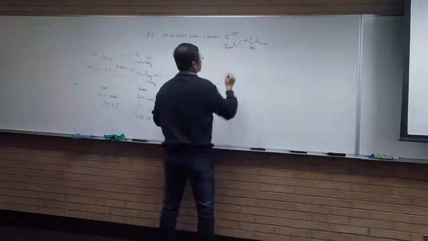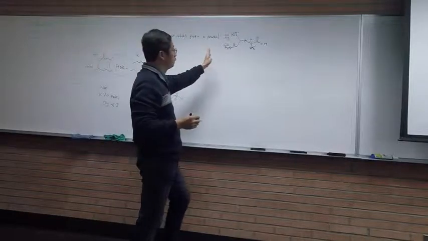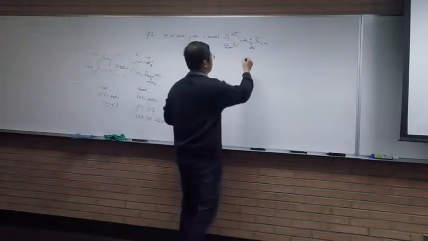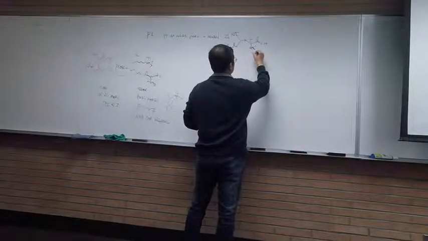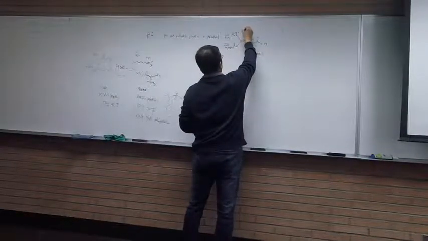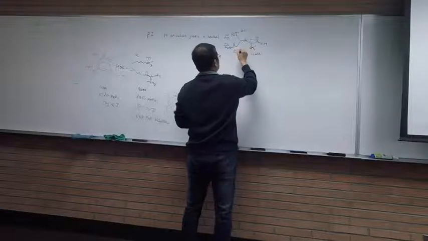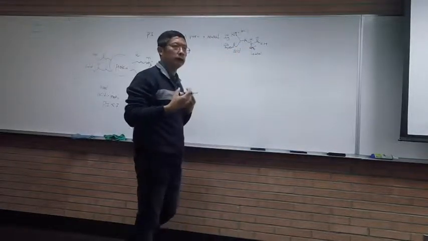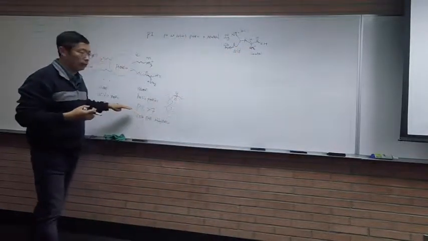That's how we can keep it generic. So we have neutral amino acids, and then this is basic, this is acidic. Each of these has a different tendency to have a pI.